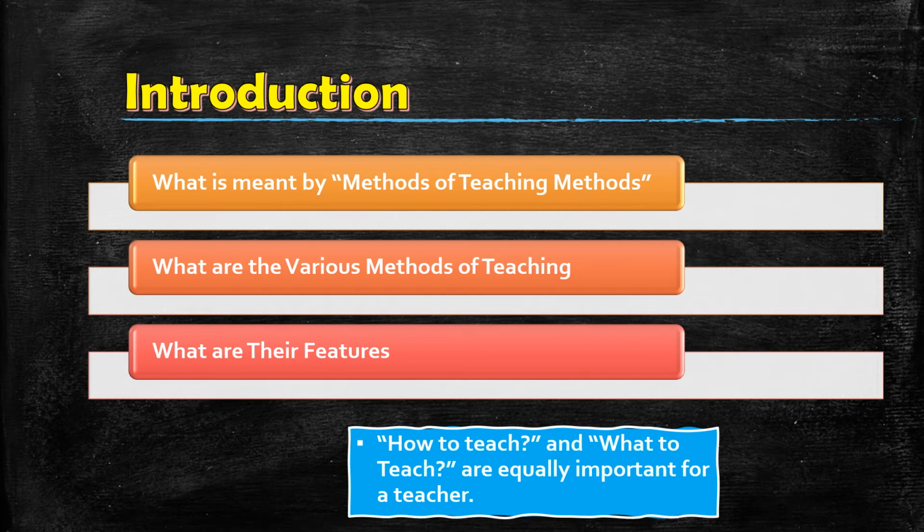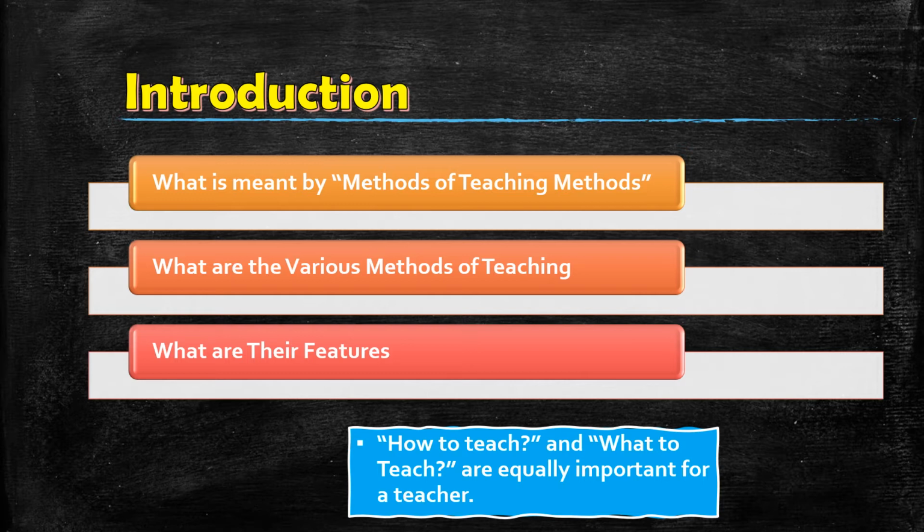Different teachers might present the same concept differently. Let us take an example of the parable of Good Samaritan. Some teachers might present it like a story, others might present it as a description, and yet others might adopt question answer method or discussion method.